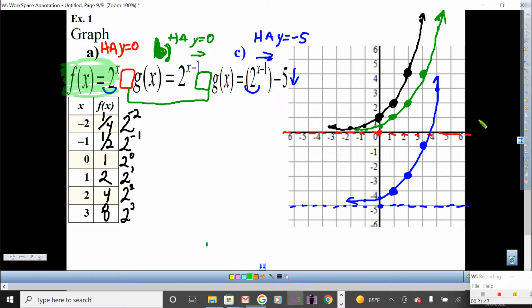So, question. What if I asked you to move this parent function, which is the one in black, 3 steps to the left and 2 steps down? Think about it. 3 steps to the left and 2 steps down. Do you know what that equation would look like?